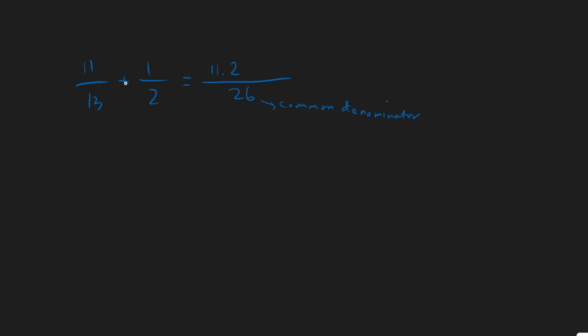So plus, this is the plus sign here. What did you do with this 2 to get 26? Oh, you multiply by 13. So whatever you do with the 2, you do the same with the 1. So you get 13 times 1. This is 11 times 2, that's 22, plus 13 times 1, that's 13.